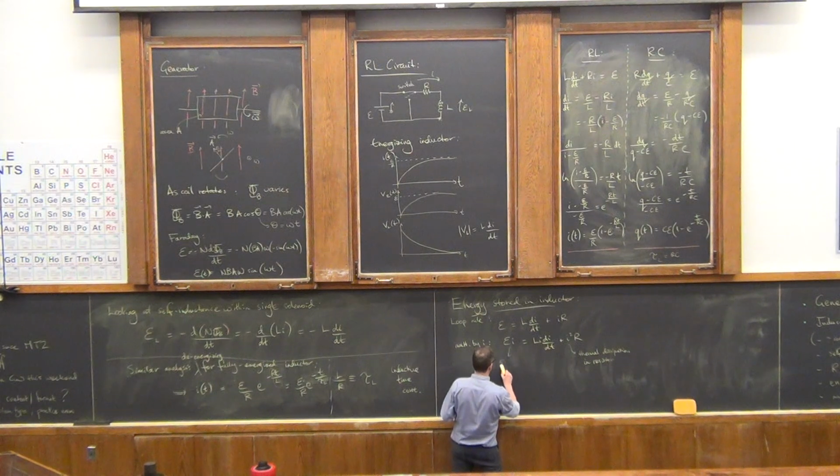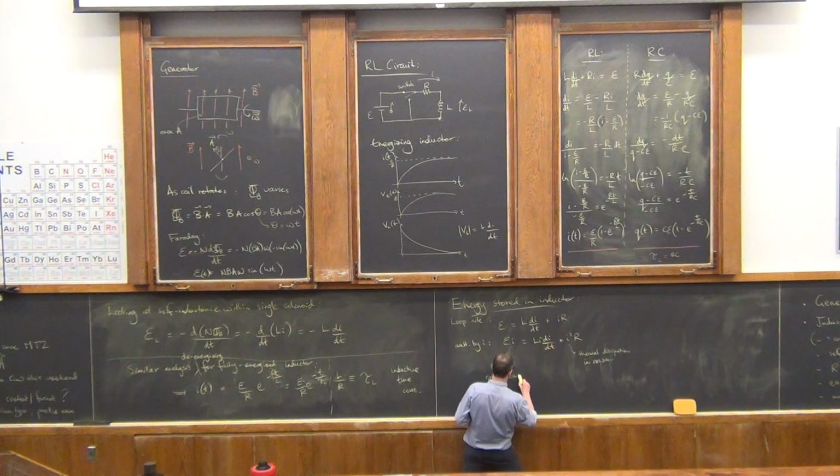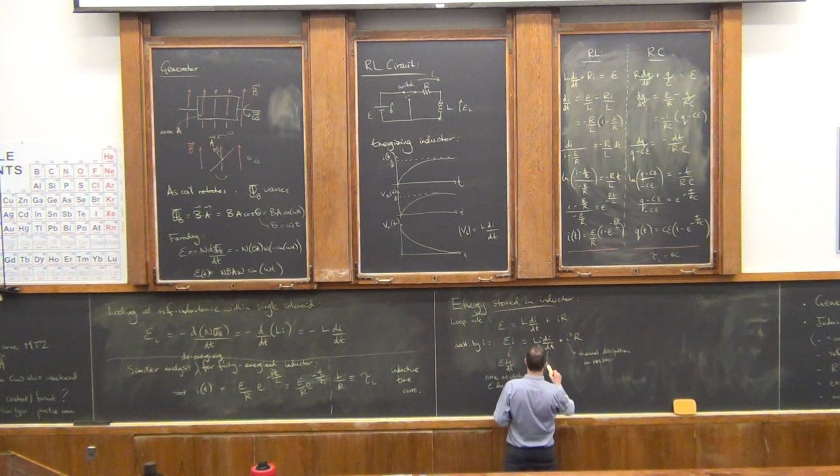This is just epsilon dq/dt, which is the rate at which the battery does work. So the way to think about this term is the rate at which energy is stored in the inductor.